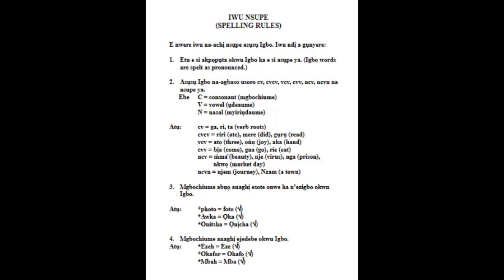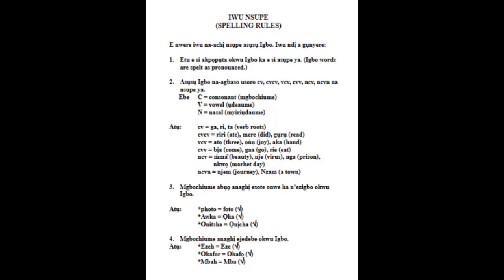So C represents the consonant, while V represents the vowel. So you have the C, the V, the C, the V, or V, C, V, C, and so on.